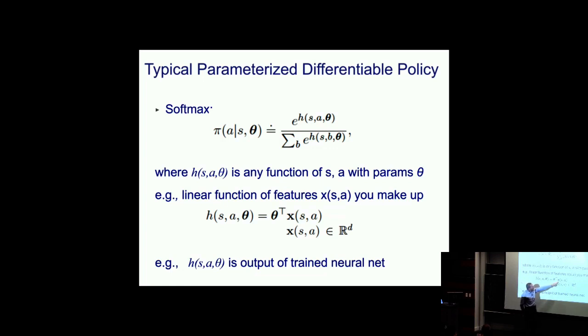If you make up a feature vector that's computed from the state and action, then we can say, well, h is just a linear weighted sum of those features, and we could learn the parameters for that linear function. Alternatively, you can go as complicated as you like. h could be instead a convolutional neural network that's looking at the pixels in the camera that the robot is holding. And the output of that trained neural network could be our h function.